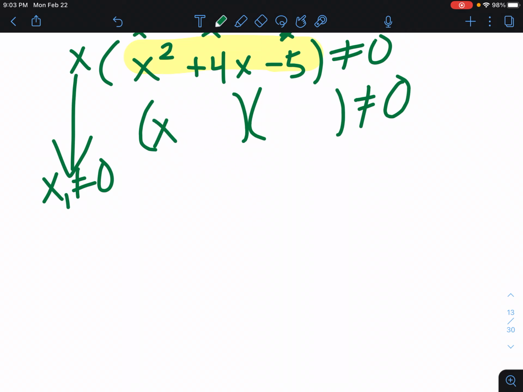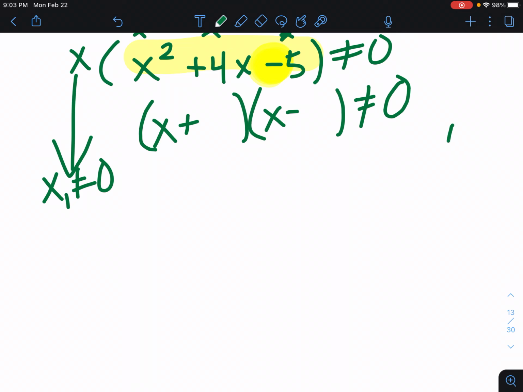So here, x squared gets split up into x and x. My signs: it shows a minus 5 here, so that means your signs are plus minus. We call that the C term. Whenever the C term is a minus, the signs in the parentheses are plus minus. And then I need two numbers that multiply to get 5 and add up to 4.